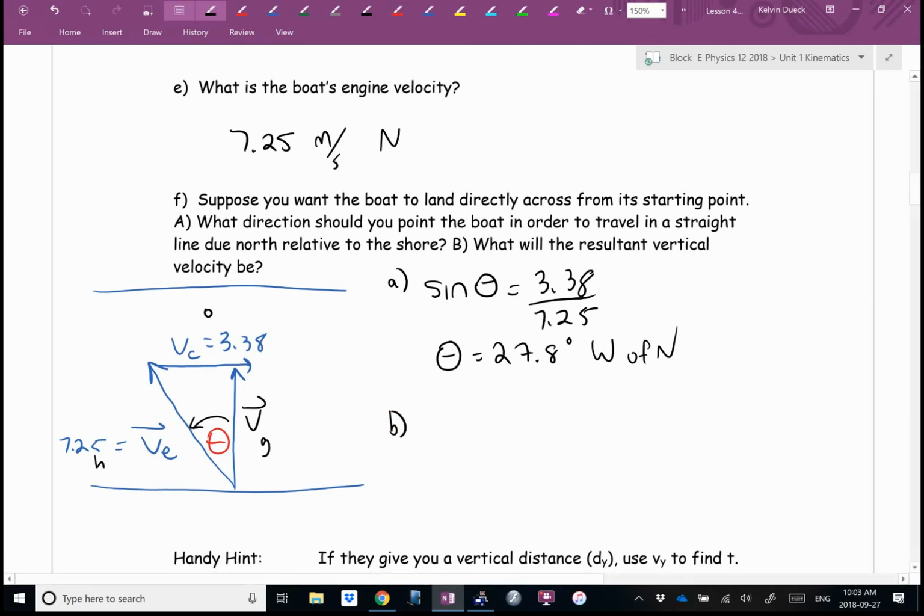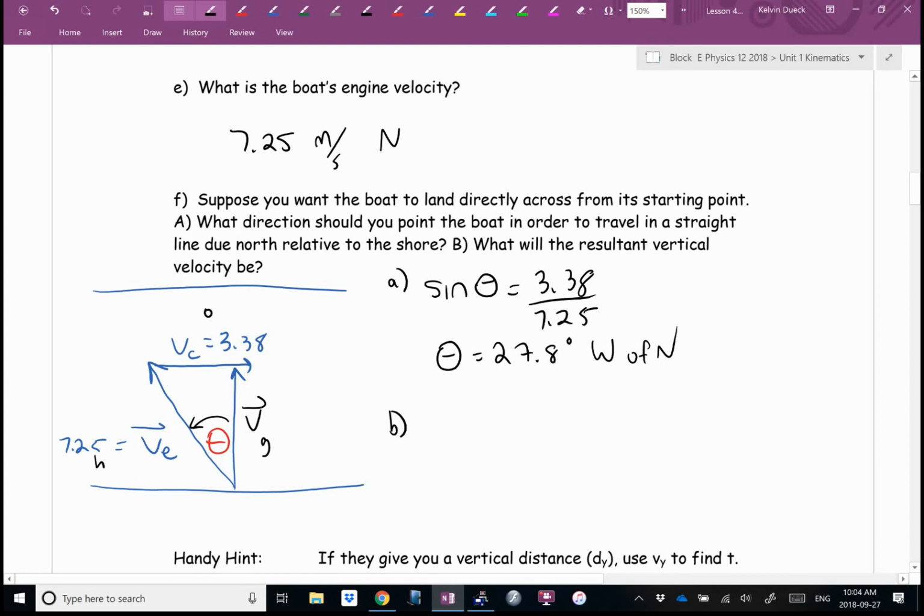B. What will the resultant vertical velocity be? I have all sorts of options to find the missing velocity. I could use trig. I think I'm going to go with Pythagoras because I can do that in my sleep. However, are we finding a hypotenuse here? So it's not going to be this squared plus this squared equals that squared.